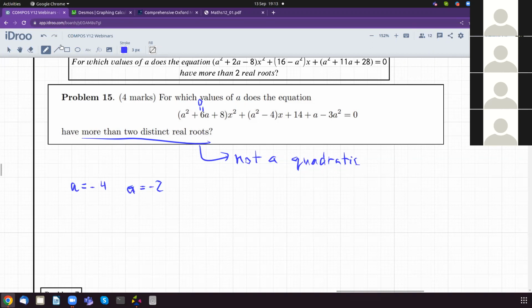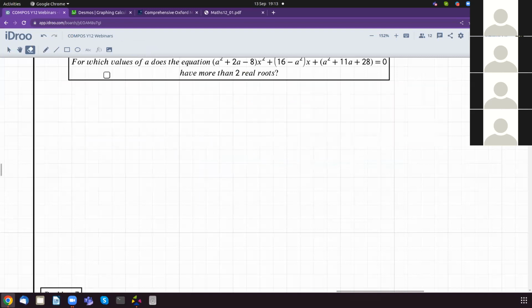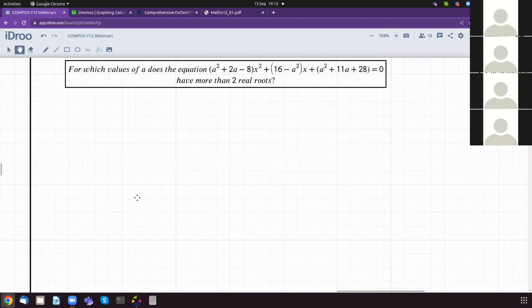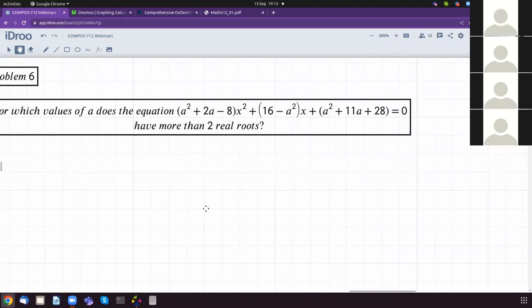Oh, sorry, I did not mean that. Forget what I was talking about, because I'm about to give out the solution to the problem, which was not my intention. All right. So this is not a quadratic.